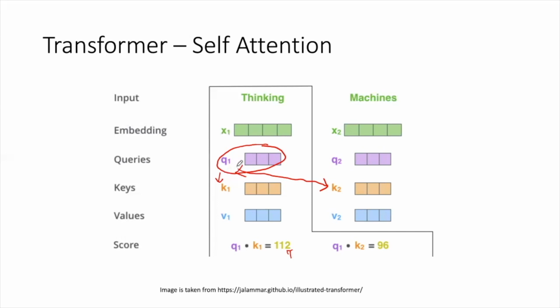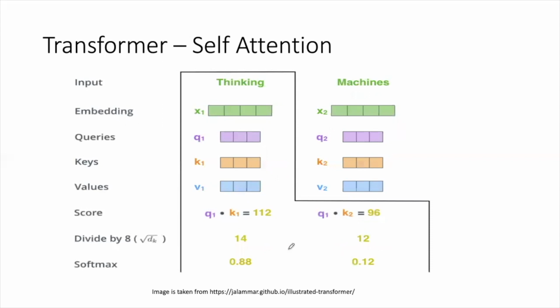So we try to find the relevant keys for this query. So the score basically indicates the relevance. The higher the score, the more relevant this key is to this query. So that's the intuition. So once we find these relevance scores, at this stage we also divide by a constant.